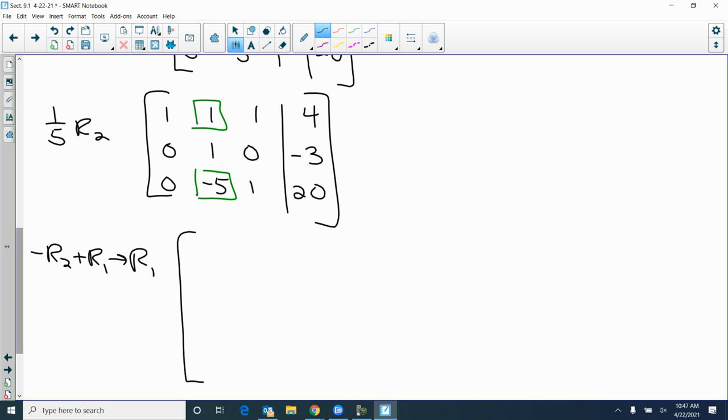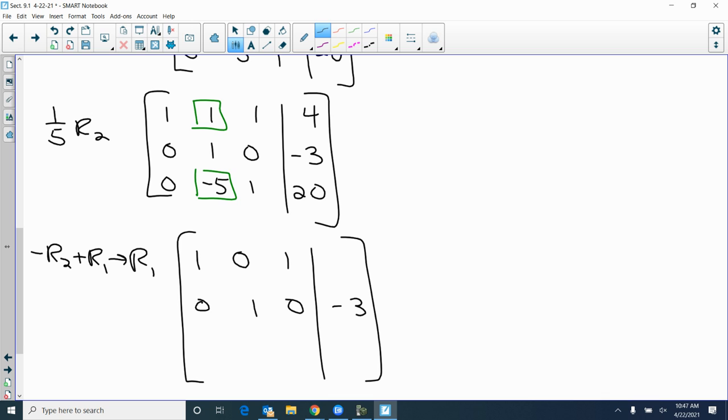And let's see here. Row 2 is going to stay the same. That still stays a 1, because it's -2 times 0 plus 1 still stays a 1. But -1 plus 1 is 0. That still stays a 1.